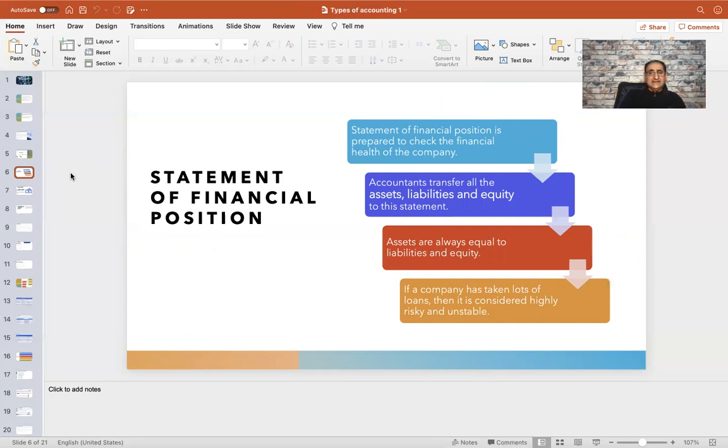So what is an asset? An asset is a resource of the business. Normally business organizations need to purchase assets.